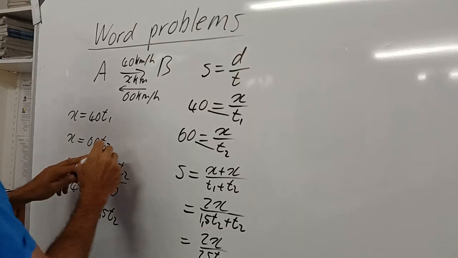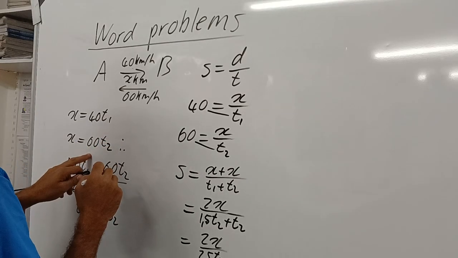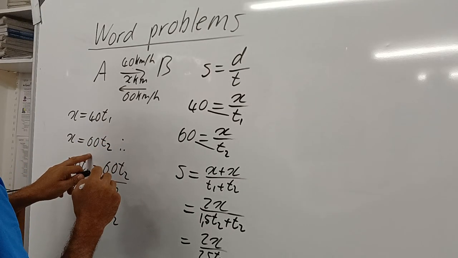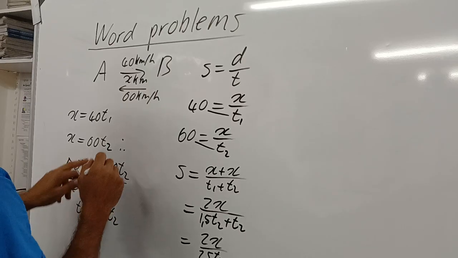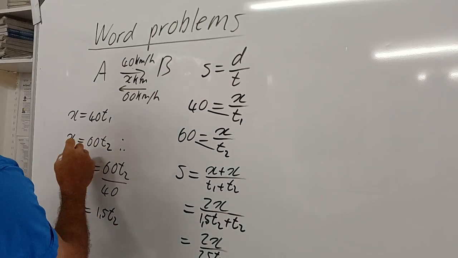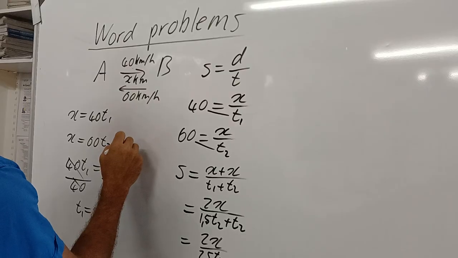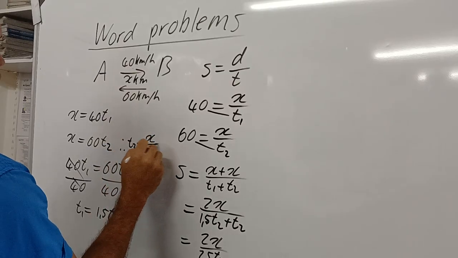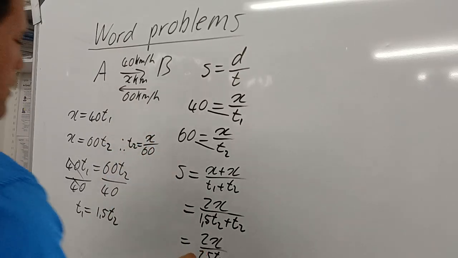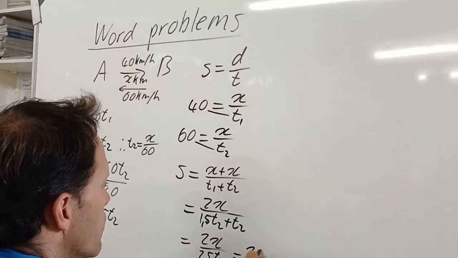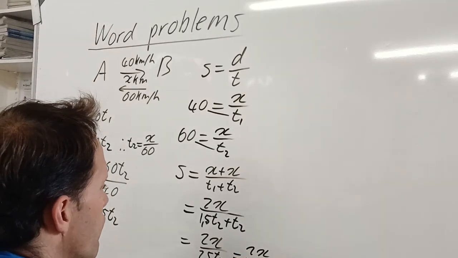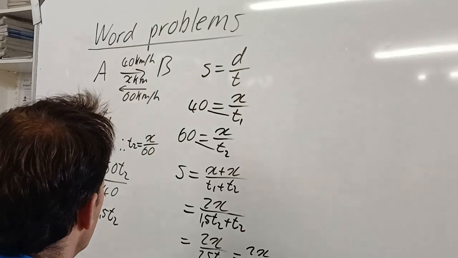We can say therefore T2 is x over 60. So here we have 2x over 2,5 times x over 60.